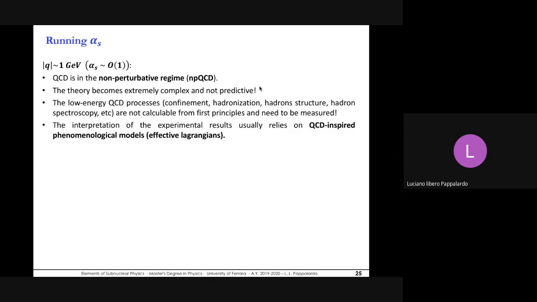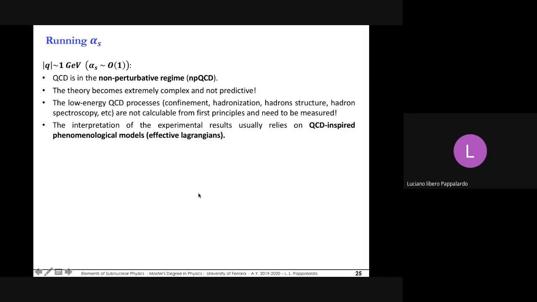The low energy QCD processes, which are confinement, hadronization, hadron structure, hadron spectroscopy, etc., are not calculable from first principles, starting from the QCD Lagrangian. They need to be measured. The theory cannot help here because we are in a non-perturbative regime.